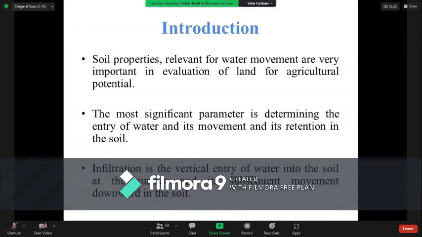Why is it important? Sometimes weeds and previous harvest residues are inside the soil. Once you plow the land, they will come outside and you can remove them easily.